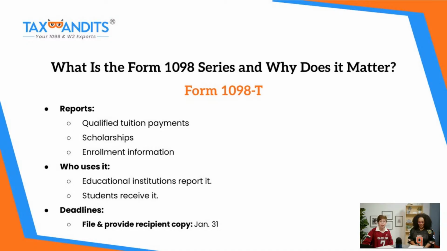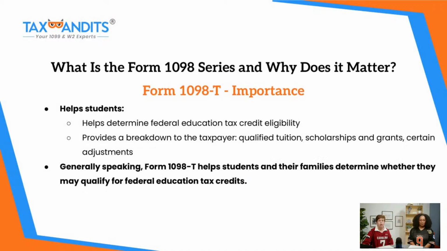Okay, so the Form 1098T reports qualified tuition payments, scholarships, and enrollment information. Educational institutions report it, students receive it. Filing deadline, the recipient has to have their copy by January 31st.